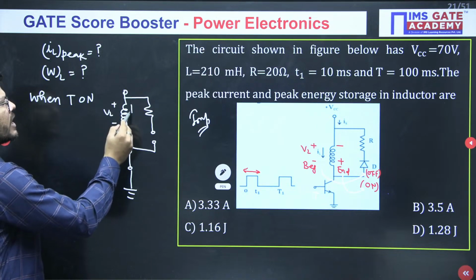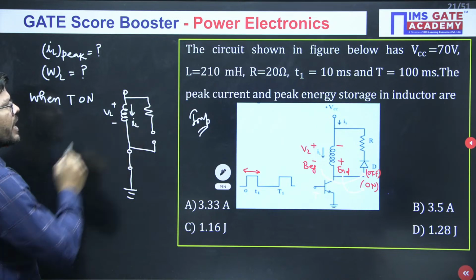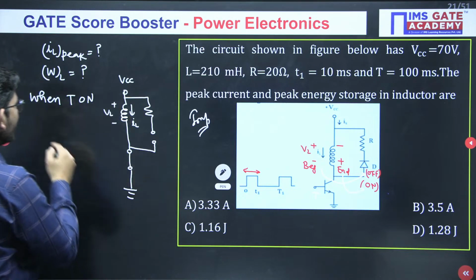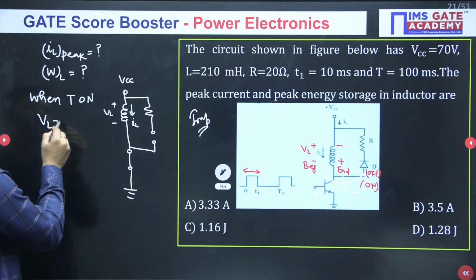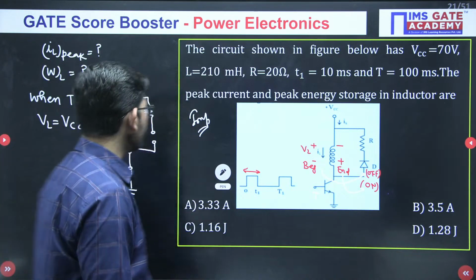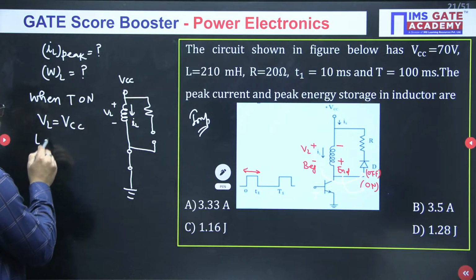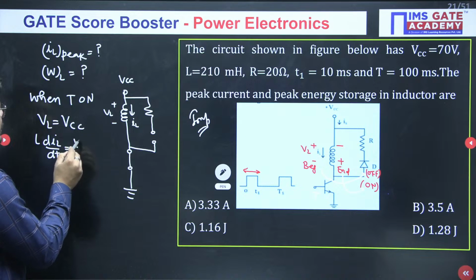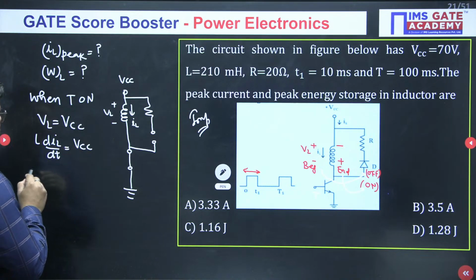This is the inductor voltage and the inductor current is flowing in this direction. This is the VCC voltage. Now when you apply KVL, you will get VL equals VCC. And you know that VL is also equal to L dIL by dt, which equals VCC.